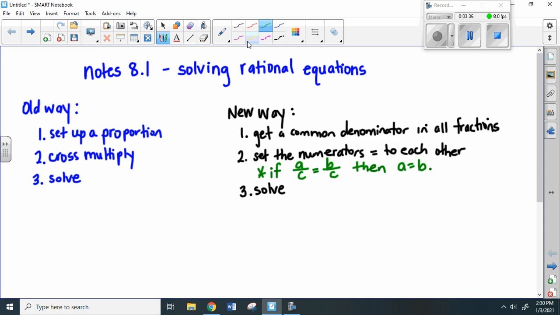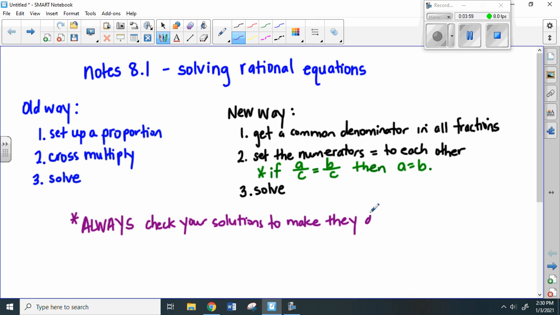And then last but not least, before we actually get into some examples, you need to always, always check your solutions to make sure they don't make the denominator equal 0.